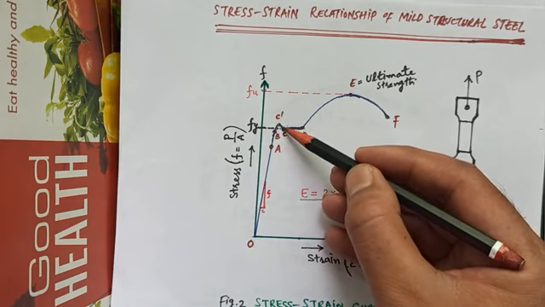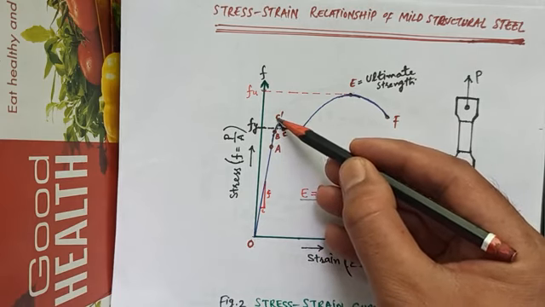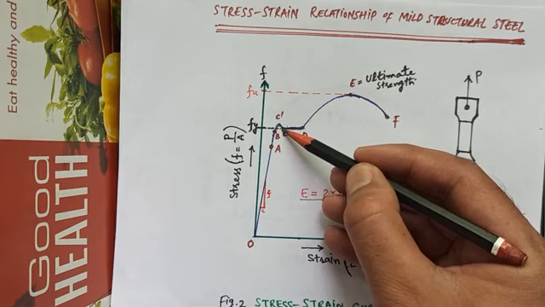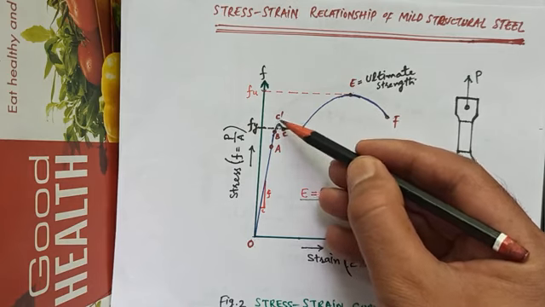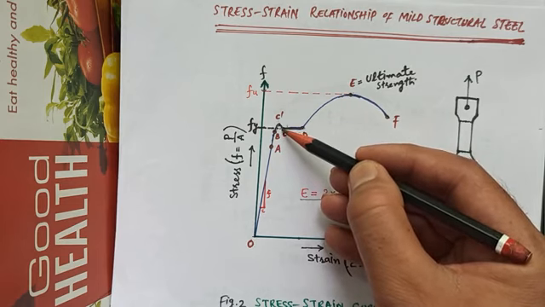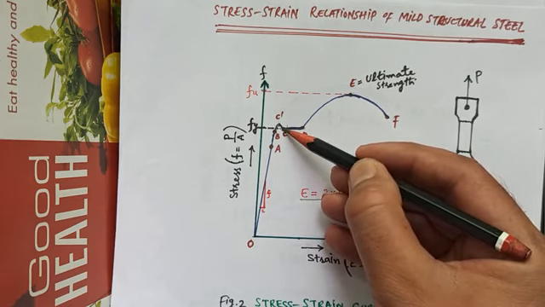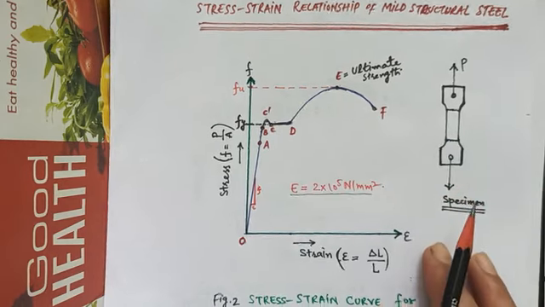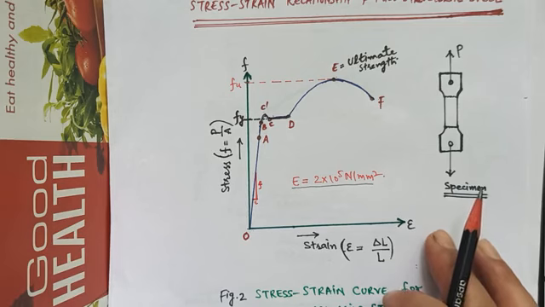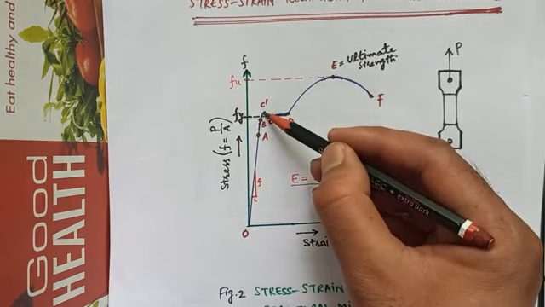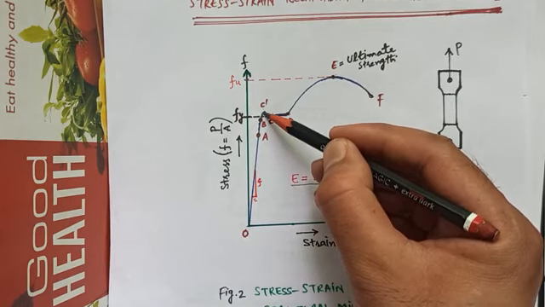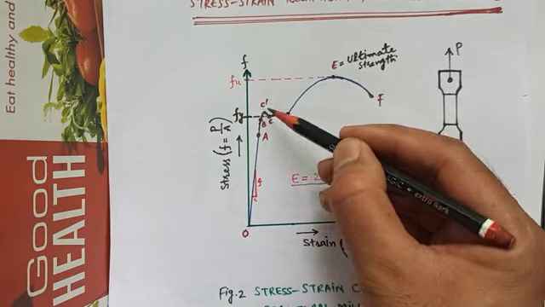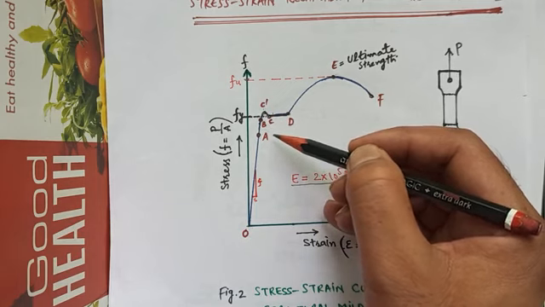Then we have C dash and C, which denote the upper yield point and the lower yield point. The upper yield point C dash is observed if the load is applied rapidly, whereas the lower yield point C is observed if the rate of loading is slow. In many structural steel hot rolled sections, the upper yield point C dash is not obtained due to residual stresses from the hot rolling process of the steel sections.